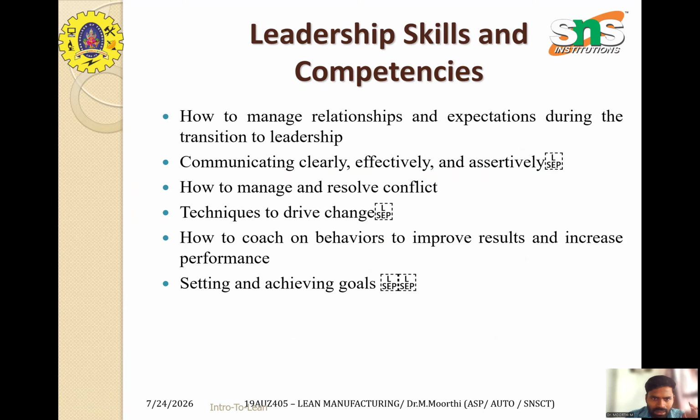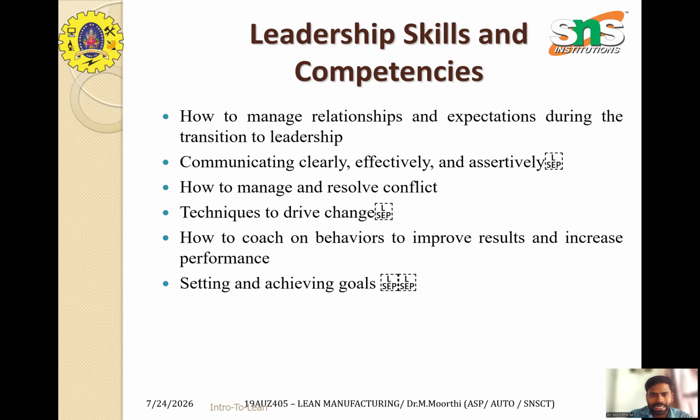Qualities like how to manage relationships and expectations during the transition to leadership, communicating clearly and effectively with the customer, industry, employees, or management, and how to manage or resolve conflict developed within the industry or outside.